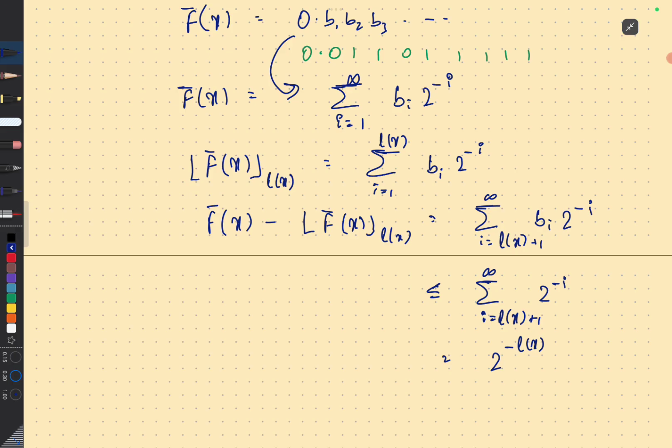Sorry, let me, this is greater than or equal to this quantity minus f bar of x, because f bar of x is the untruncated version, so this quantity can only be smaller, so this quantity can only be larger. So this quantity is going to be smaller than this particular quantity.